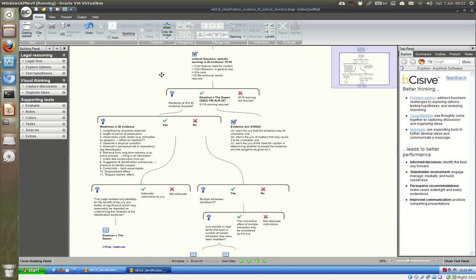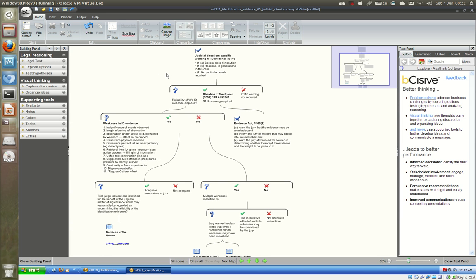We just have to remember that in just about any case there will be, as per Section 116 or Section 165 of the Evidence Act, a need for judicial direction, and even if there isn't, there's a very strong common law tradition of doing so anyway.